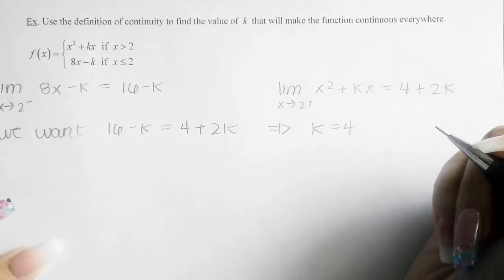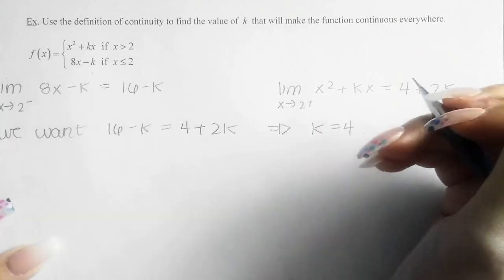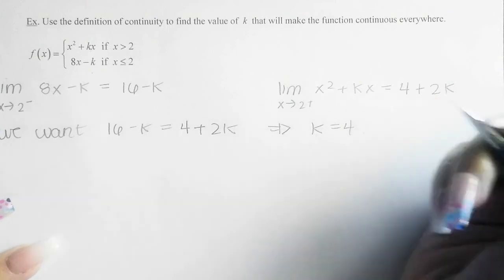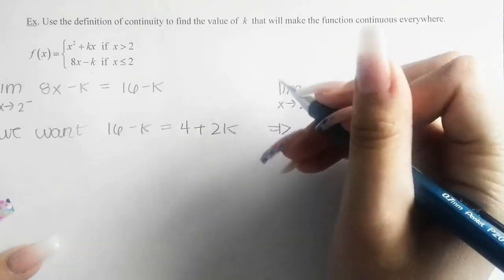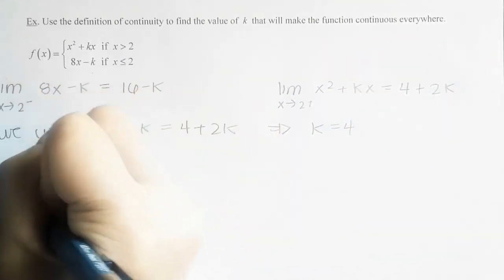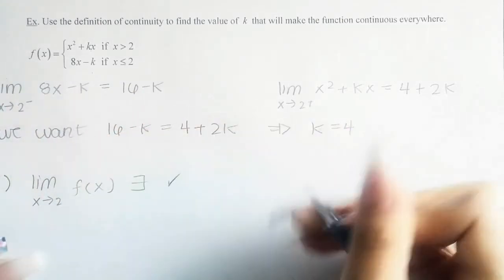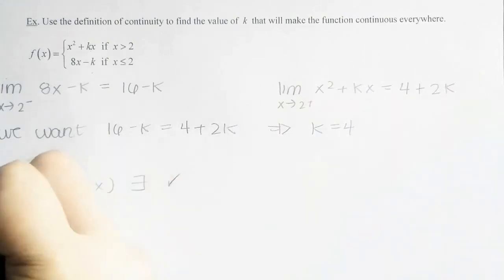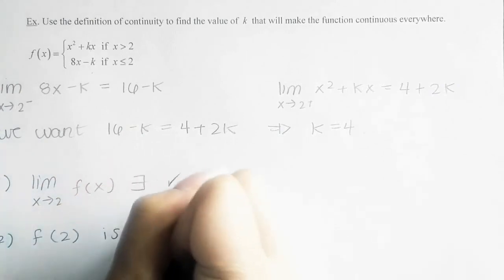So your new, redefined function, basically now you know that the limit exists. Now you need to make sure that f is defined, and then check the third condition. So first condition, the limit when x approaches 2 of f of x exists, which you know is true. Now number 2, you know that f of 2 is defined.